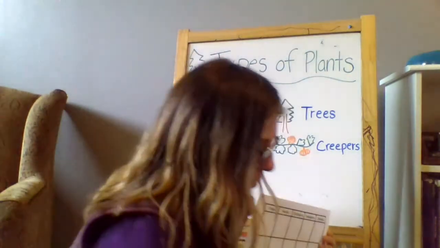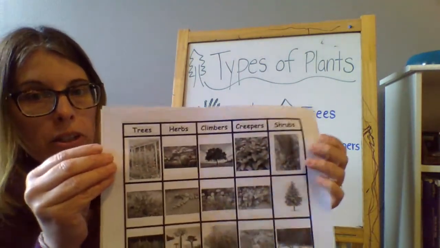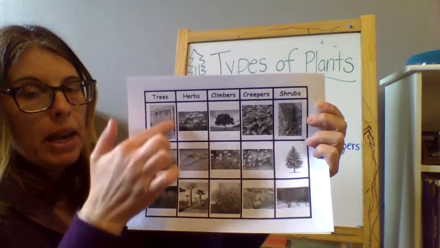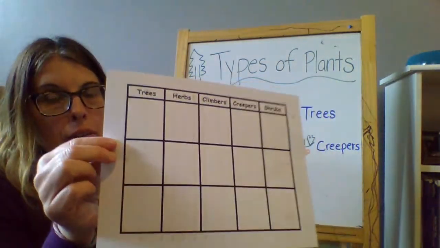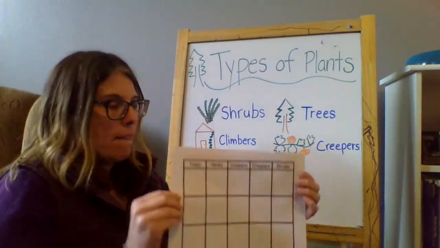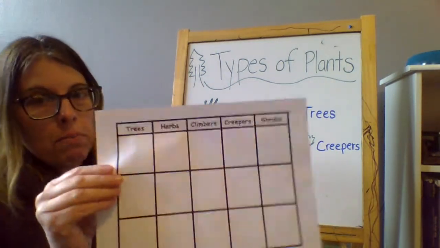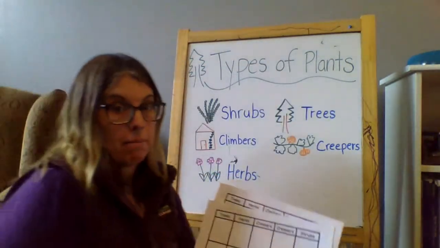And then instead of cutting and gluing these, you'll look at these pictures and say, what kind of plant is this? And then you draw a picture of that in the box where it goes. So there's two different options. You can either print it out, cut and sort, or you can make this and then look at the pictures and draw them. Either one is fine.